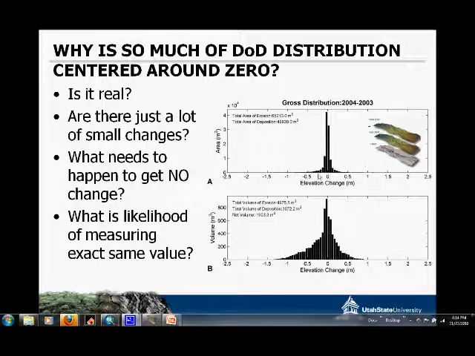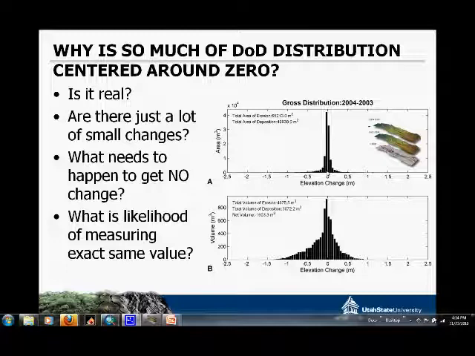To answer that, we can consider what really needs to happen for me to calculate that there's absolutely no change, that there's 0 change. Well, it means that I have to survey an area, and I would have to survey the exact same elevations two times in a row.